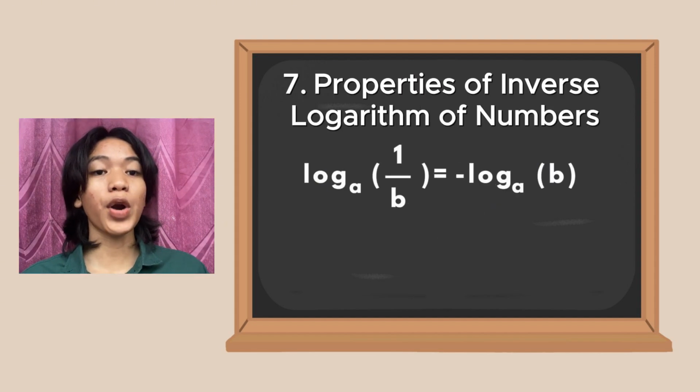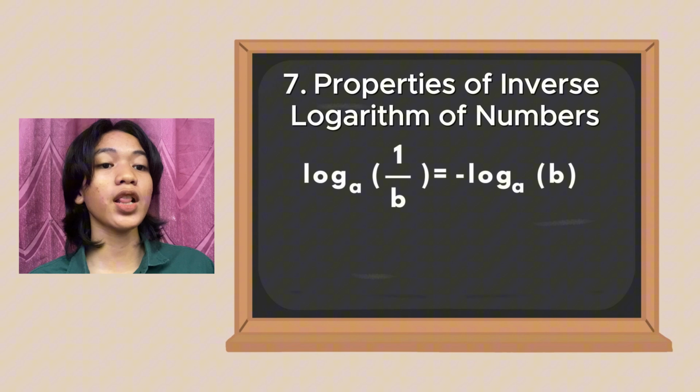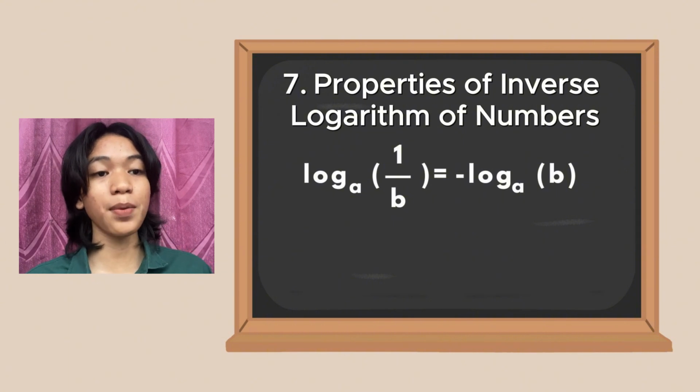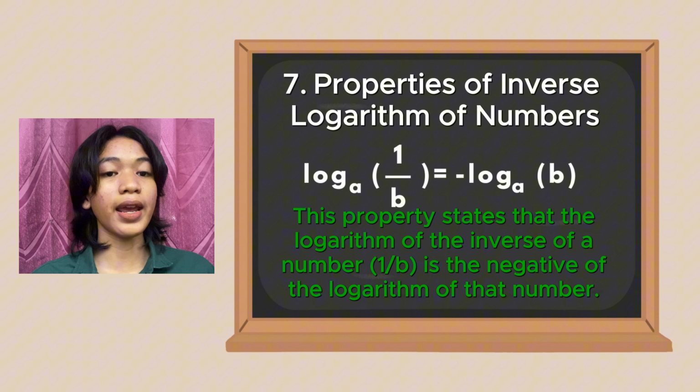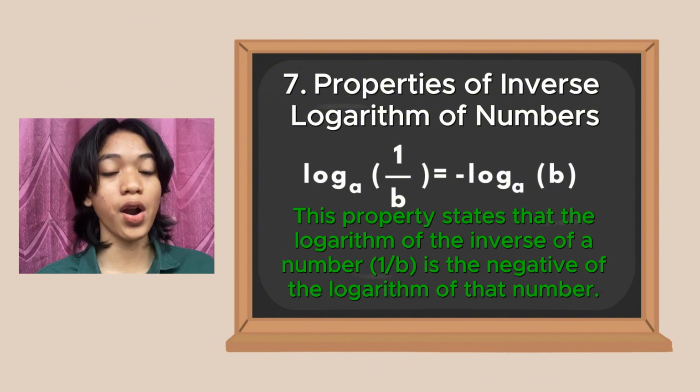7. Properties of inverse logarithm of numbers. Log base a of 1 over b equals minus log base a of b. This property states that the logarithm of the inverse of a number, 1 over b, is the negative of the logarithm of that number.